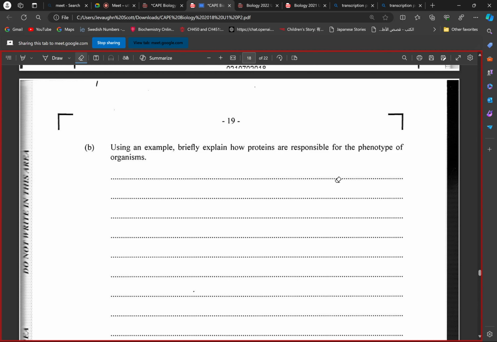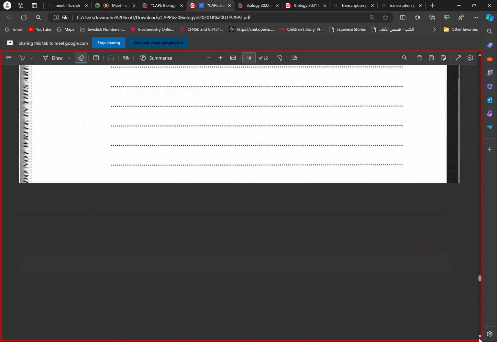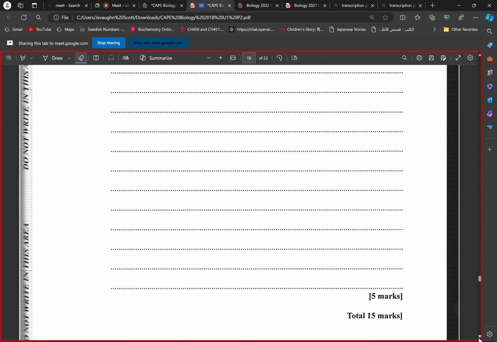So we must be able to use those relationships without having to go back to DNA and how the genotype translates to the phenotype. Through the proteins, we must know how different protein structures can relate to how the organism presents. We need to be able to describe that. That's just 5 marks though, so we need to be able to describe that.